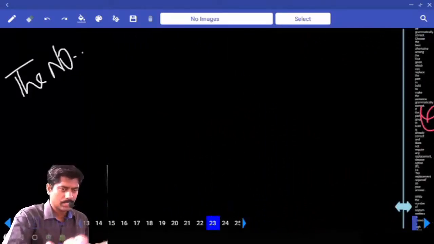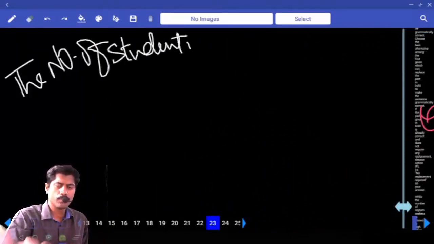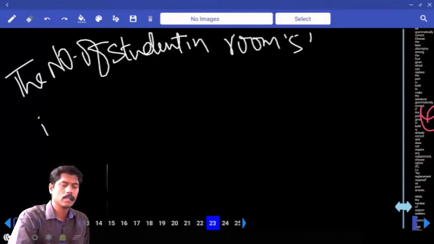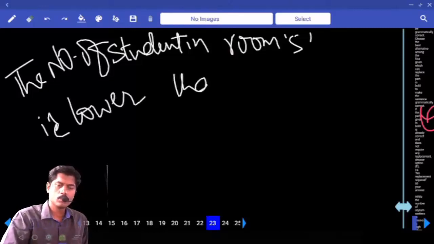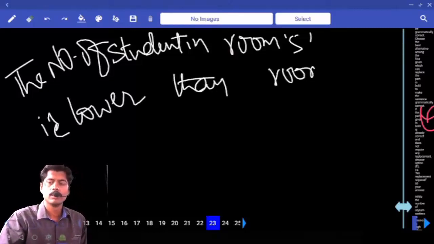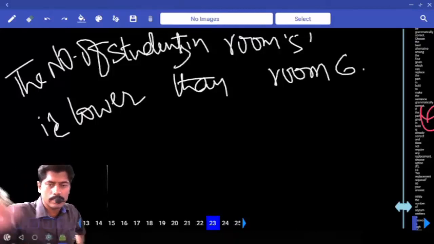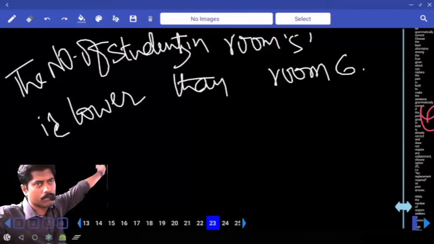It's like this. The number of students in room 5, this is room 5, right? The number of students in room 5 is lower than room 6. Is this correct? What kind of comparison am I making here? The number of students of room 5 should be compared with the students of room 6.